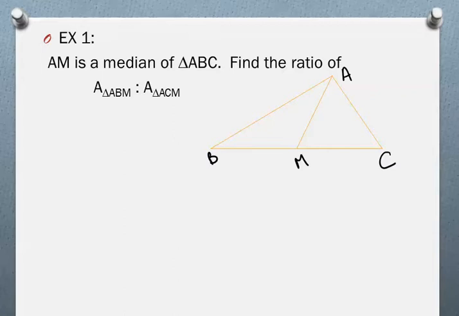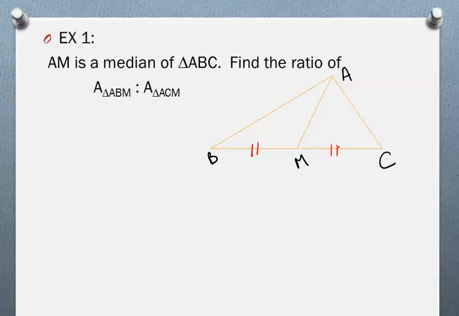If we look at this example, we are given that AM is a median of triangle ABC. And we want to find the ratio of triangle ABM to ACM. So if AM is a median, that means that this is congruent to this. And this actually does not fit our last theorem of similar figures.